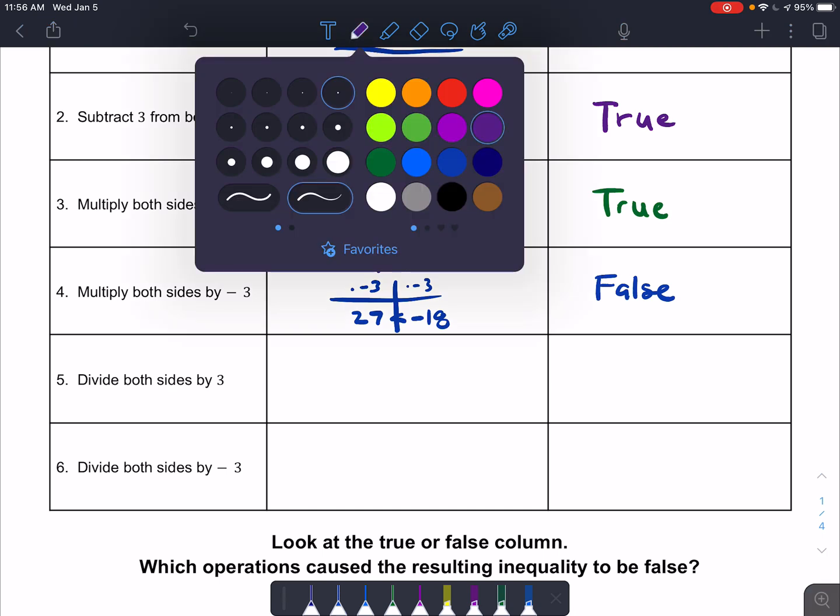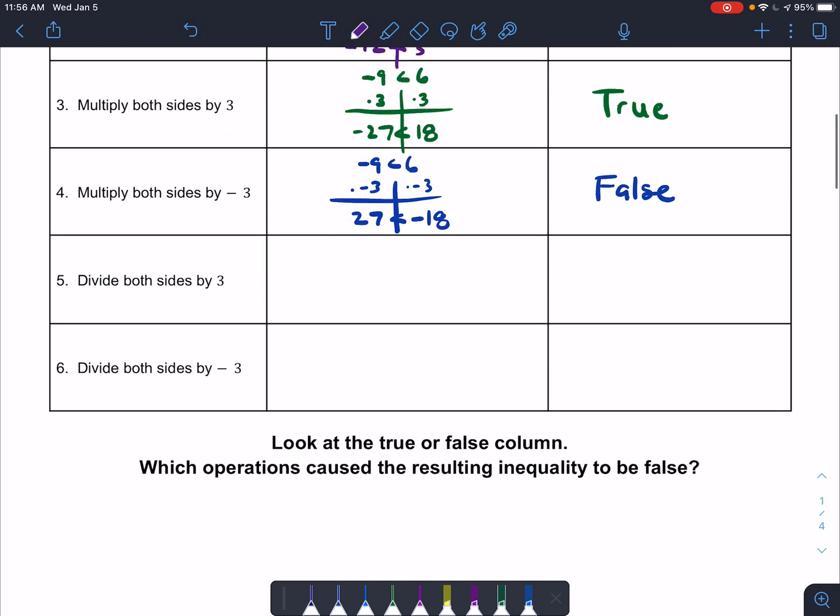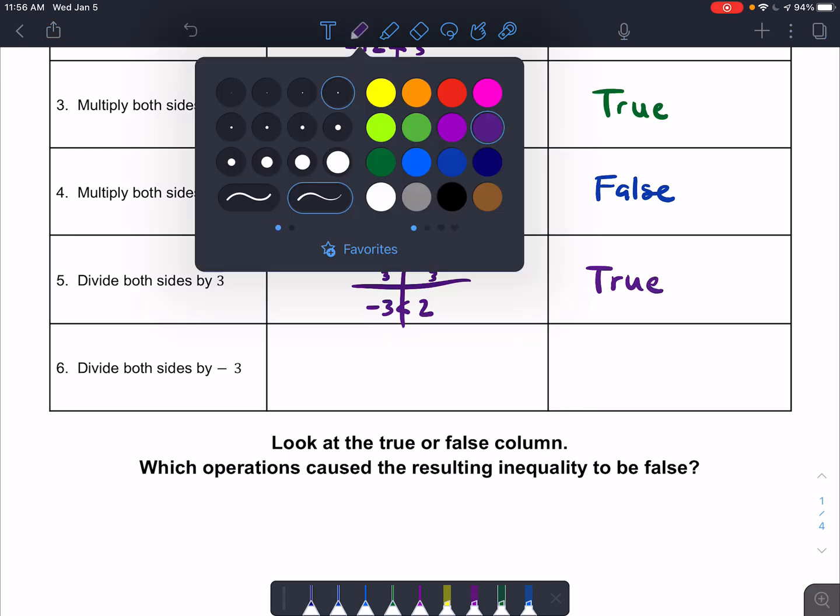Let's continue on. When we divide both sides by 3, I have -9 less than 6. I get -3 is less than 2. Oh, we're back to true. Last one.